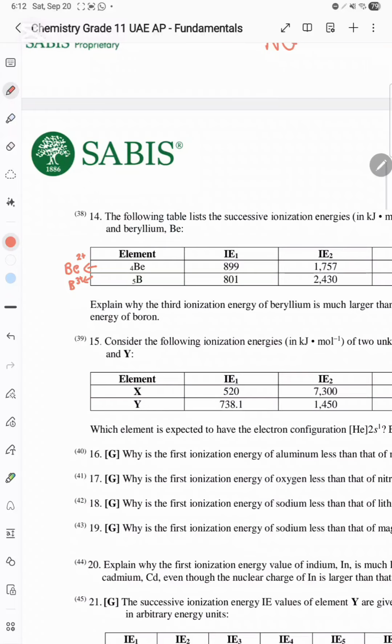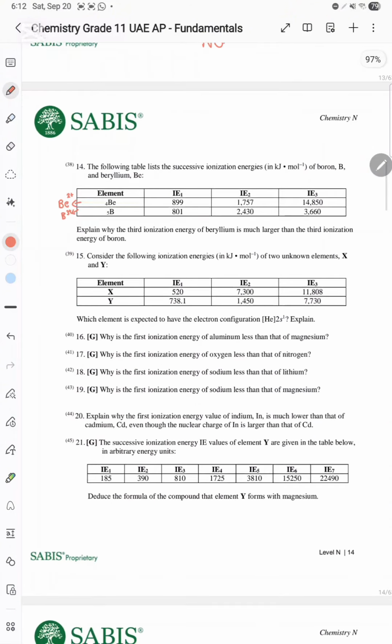You can take away 2 electrons from beryllium to make it stable. After it becomes stable, taking away any more makes it very unstable.